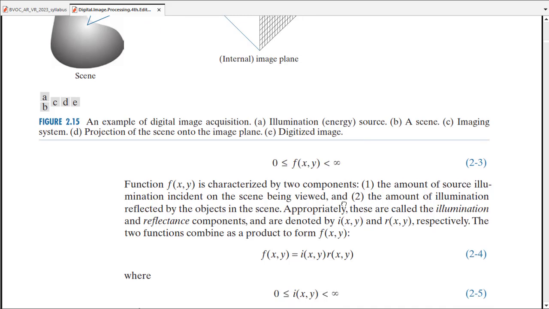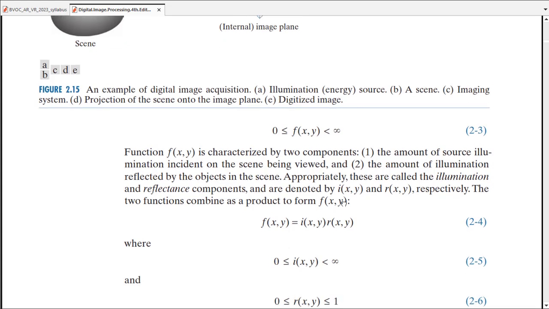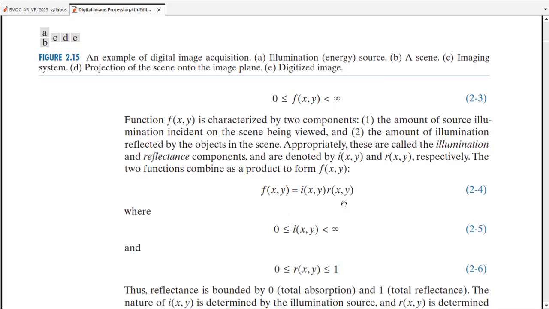The two functions combine to give f of x comma y equal to i of x comma y times r of x comma y, where 0 is less than i of x comma y less than infinity, and 0 is less than or equal to r of x comma y less than or equal to 1.